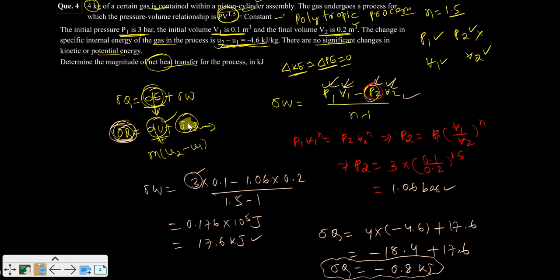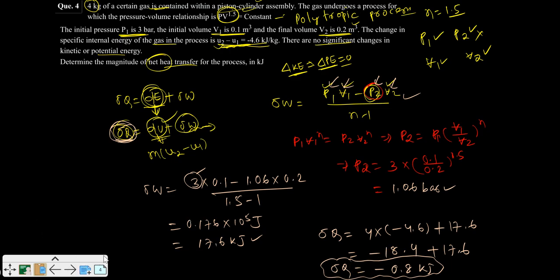For work interaction, this is the formula, that is P1 V1 minus P2 V2 divided by n minus 1. So here P2 was the unknown, and from here we found the value of P2, and after finding the value of P2 we put it over here and calculated the value of del W, and from here we calculated the value of del Q, right? So this is how we solve this question, right?